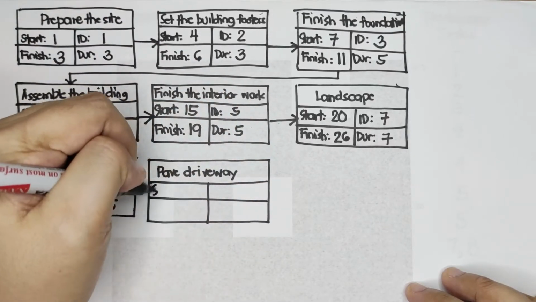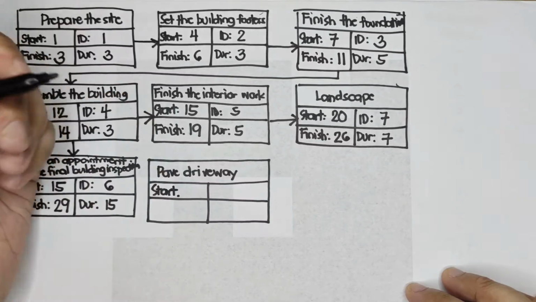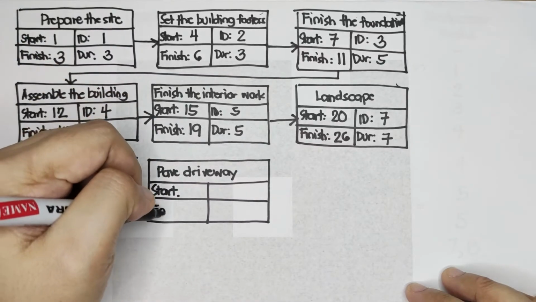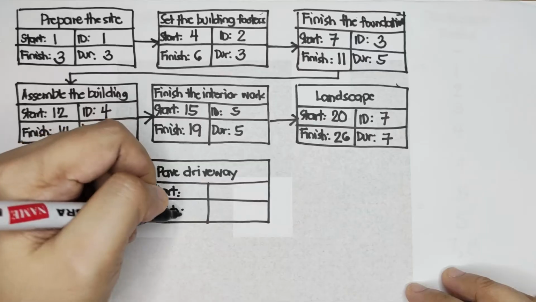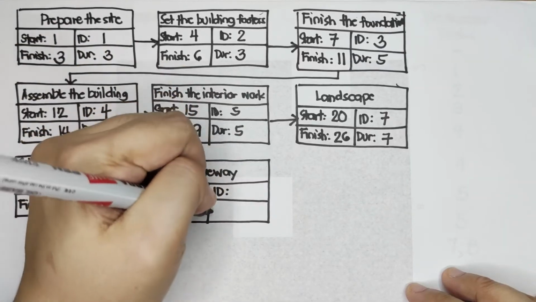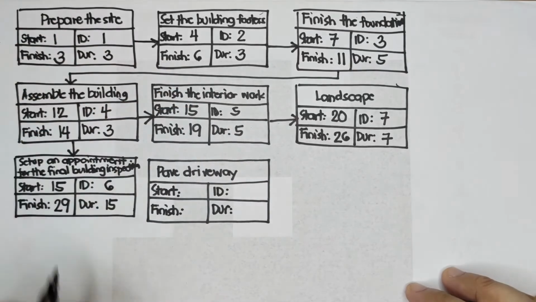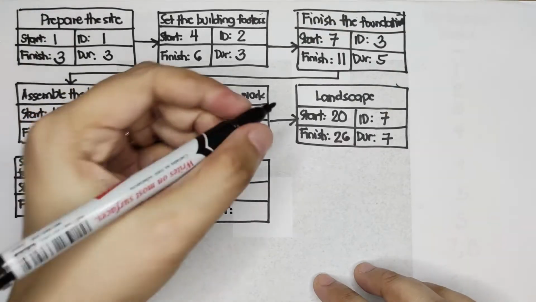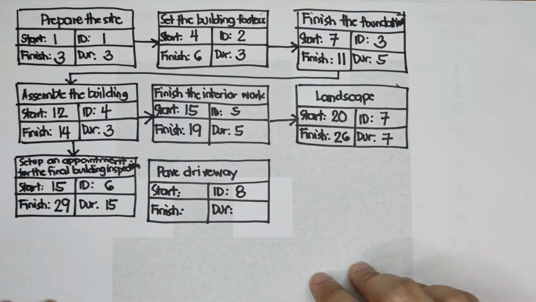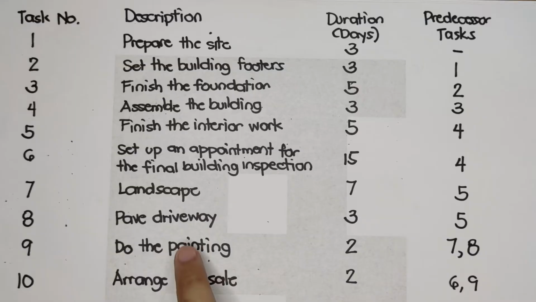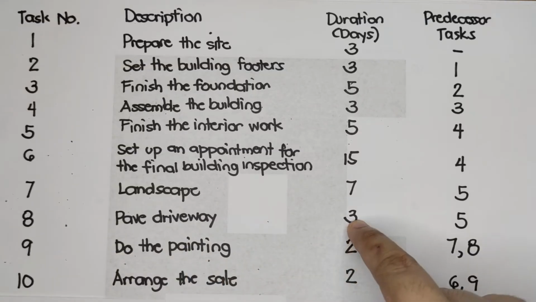Again, start, finish, ID, and then the duration. The ID is task number 8, and the duration for the paved driveway is 3.